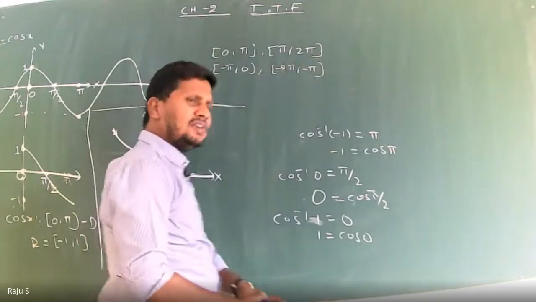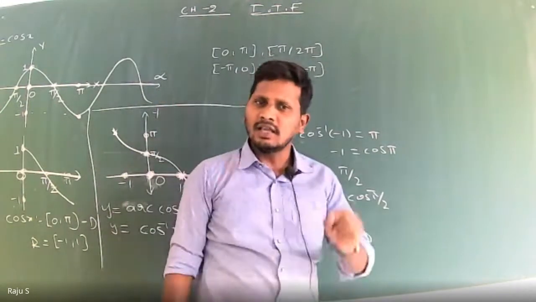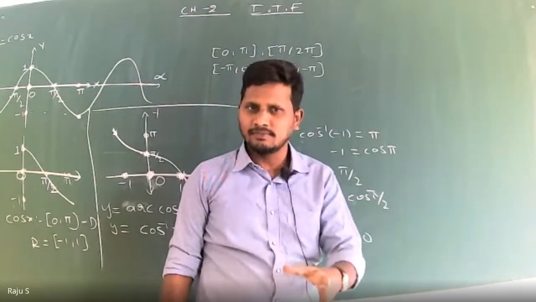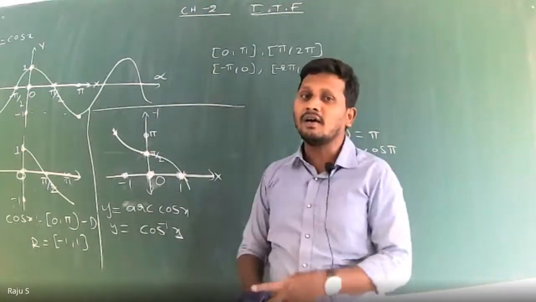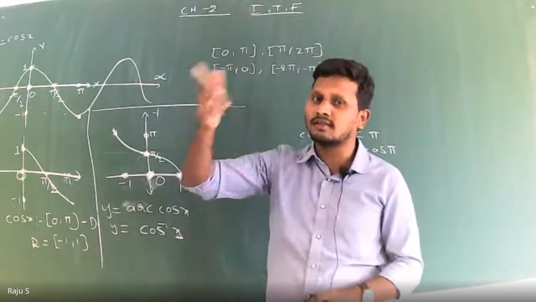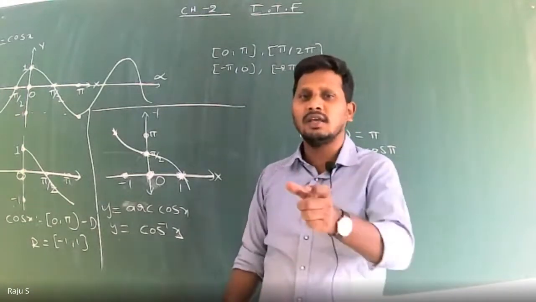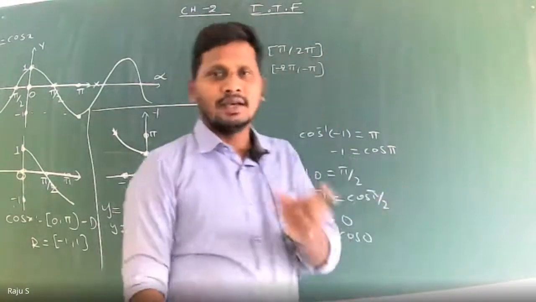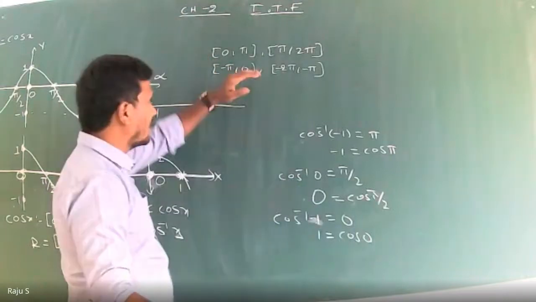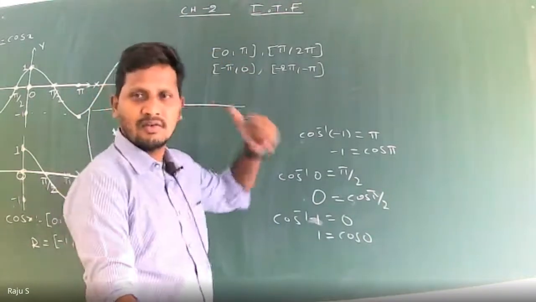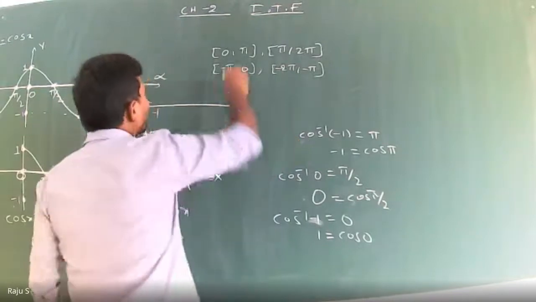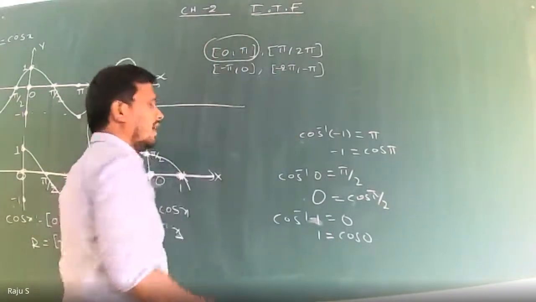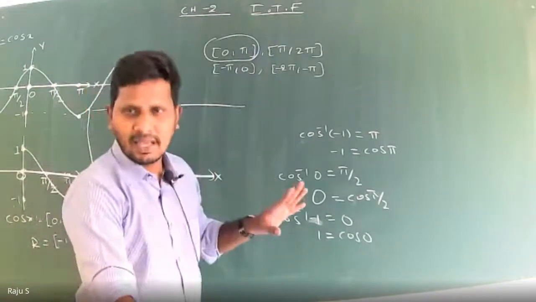In each and every interval, cos inverse exists, because in each interval cos is one-to-one and onto. But why should we take the principal domain as 0 to pi? That is the least value. You can consider the least positive interval as the principal value branch, so here I am considering 0 comma pi as the principal value branch.